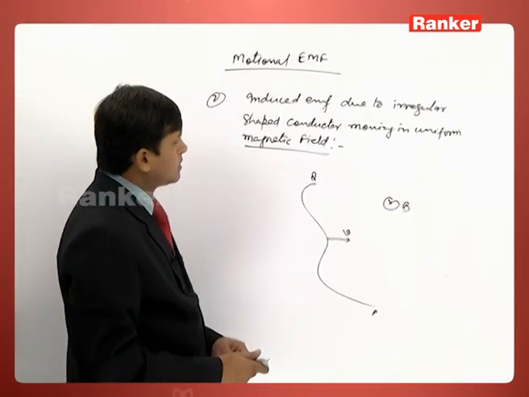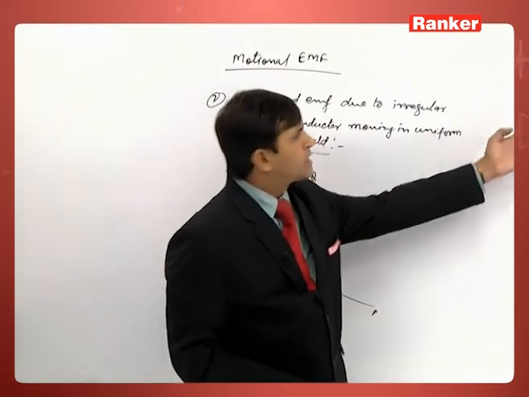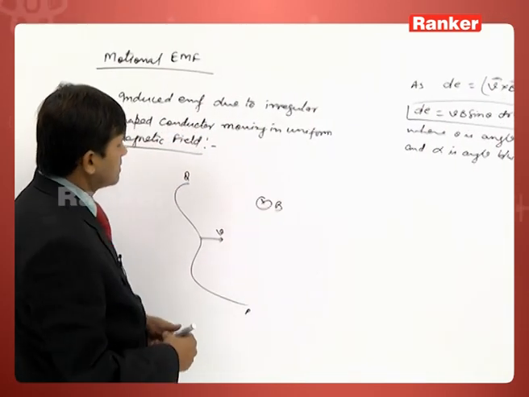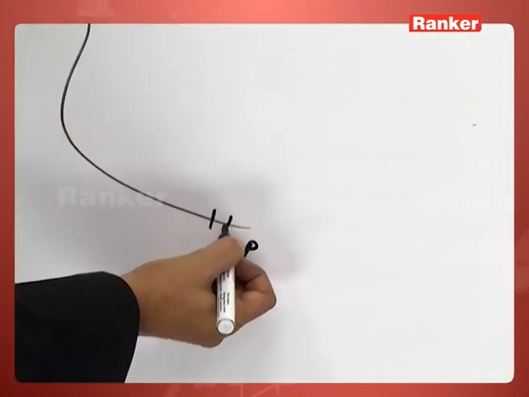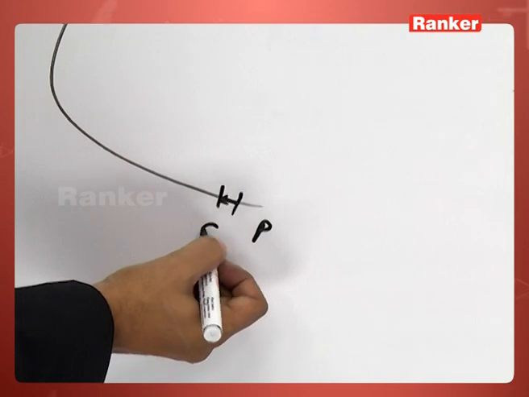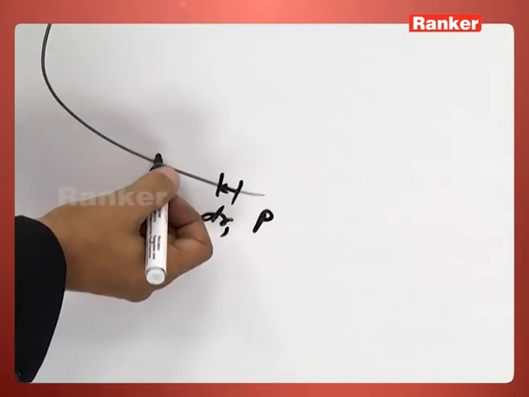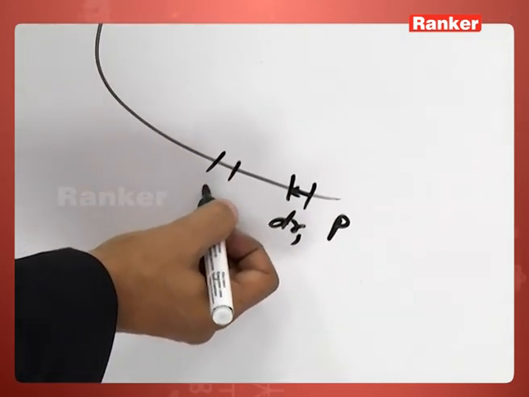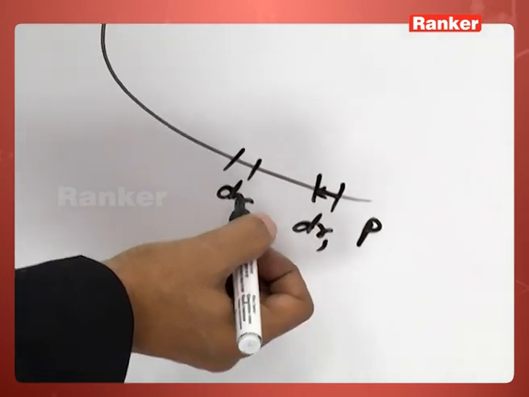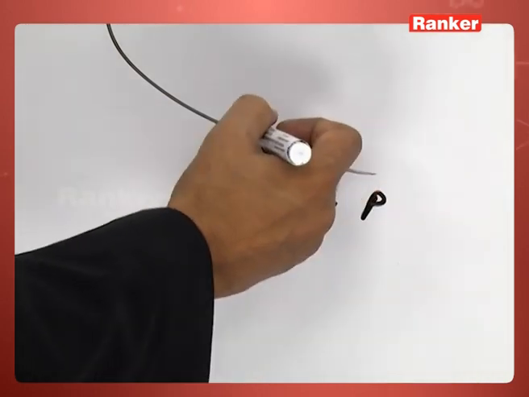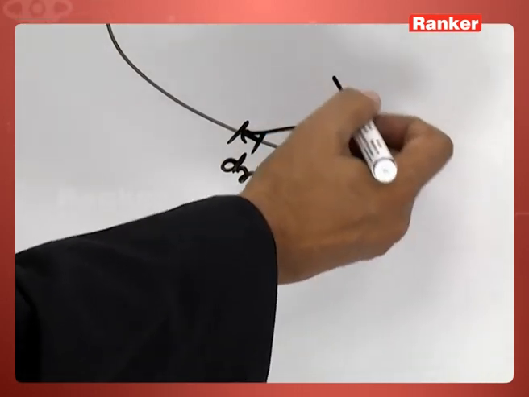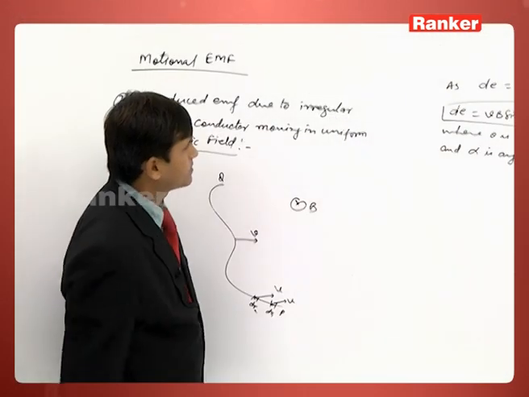Now, following the same rule here, we can take a small element, let this be dr1, somewhere here dr2, likewise, and all are moving with velocity v in the same direction.